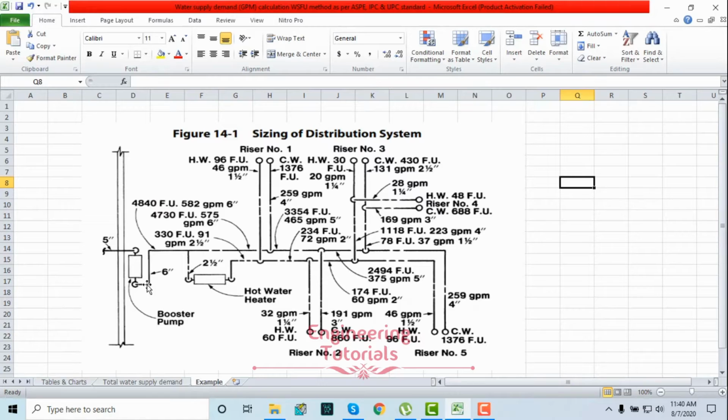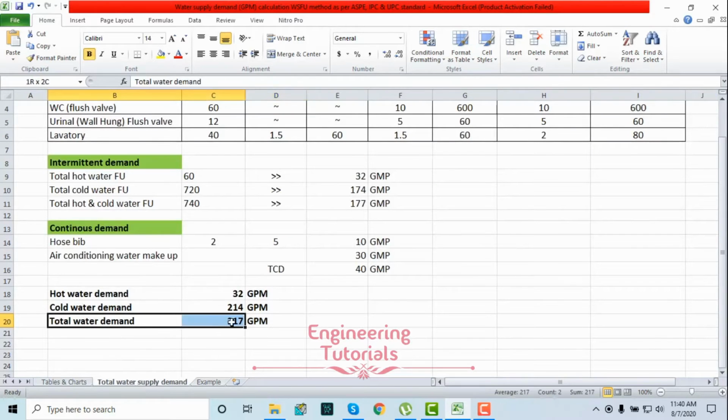If you go from here, this is our pump, a booster pump, this is the suction and this is the discharge. From the service main to the point of connection to the hot water heater, we have to do the sizing of this water supply piping based on this GPM.